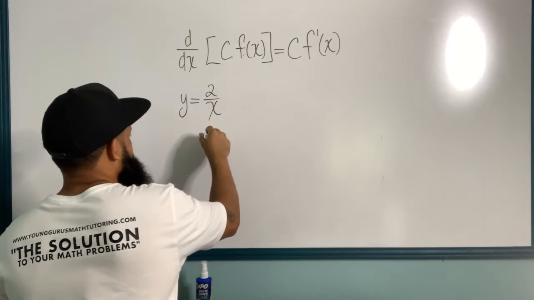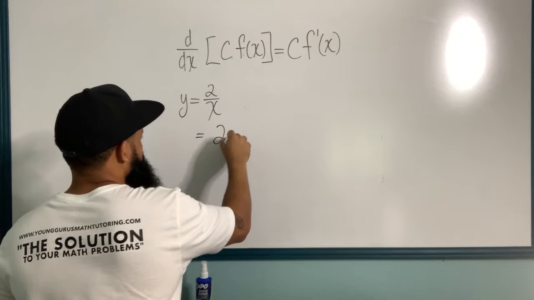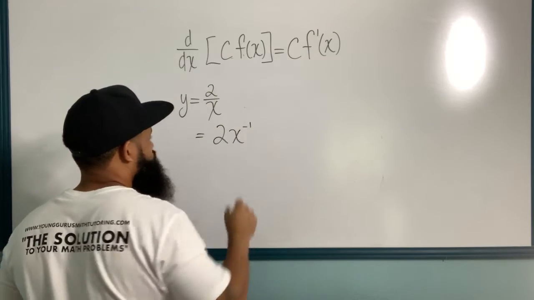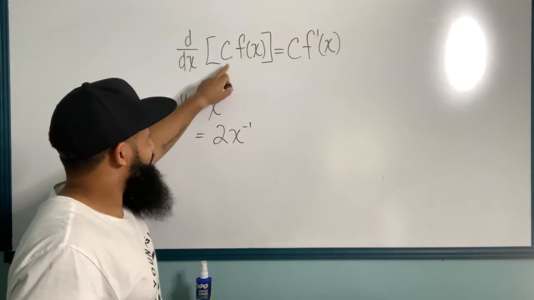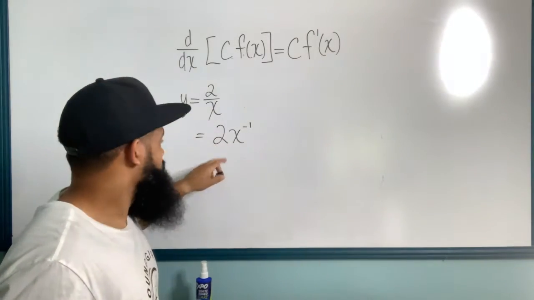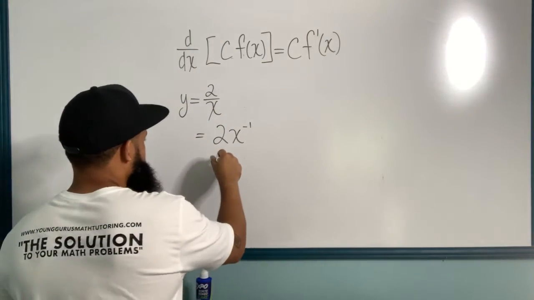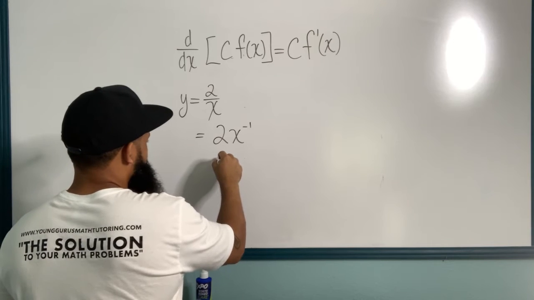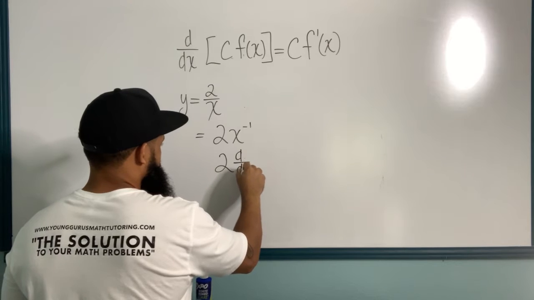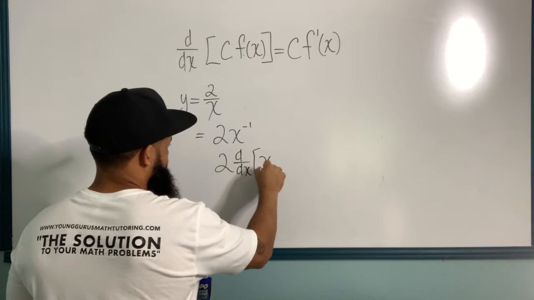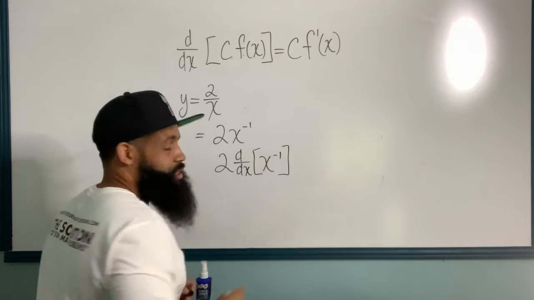So I'm actually going to rewrite this as 2 times x to the negative 1 power, okay? So now, in this case, the constant c is the number 2. All right, so what we're going to say is the derivative of this is 2 times the derivative of x to the negative 1 power.